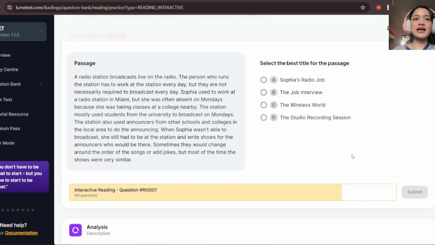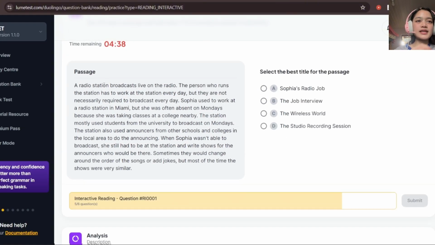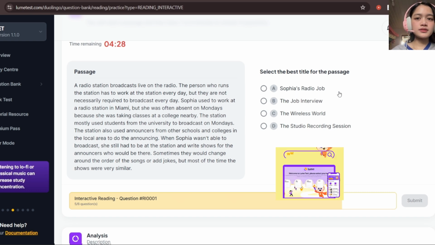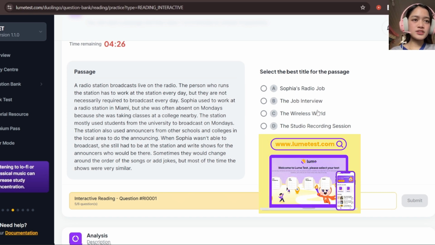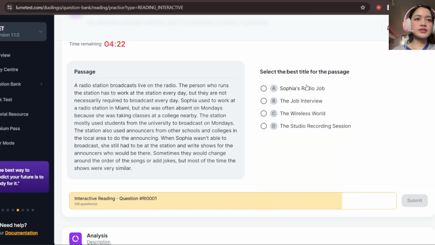Okay, I think this is the last. Select the best title for the passage. So we have Sophia's radio job, the job interview, the wireless world, and the studio recording session. I think the best title for this passage is Sophia's radio job.